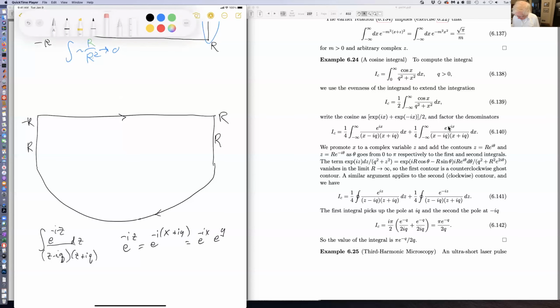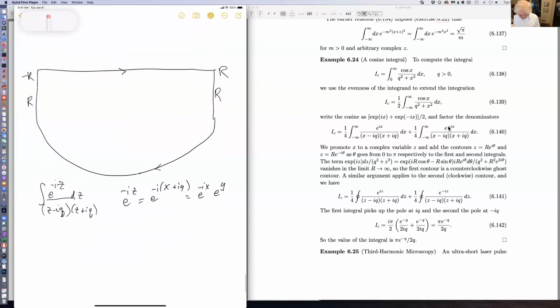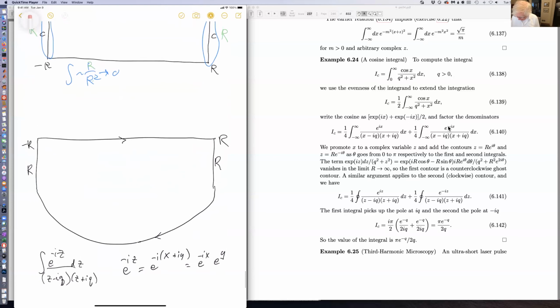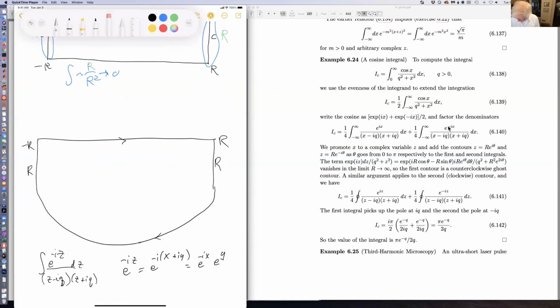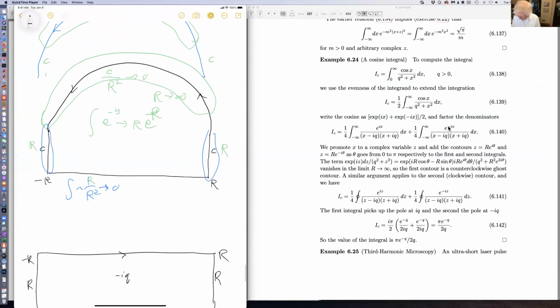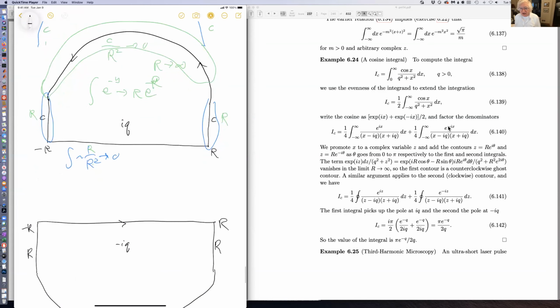Okay. All right, so in this case, we add that ghost contour. Then we shrink this black contour in the lower half plane to the point minus iq, and over here we shrink the contour to the point iq, and we add the two things up.